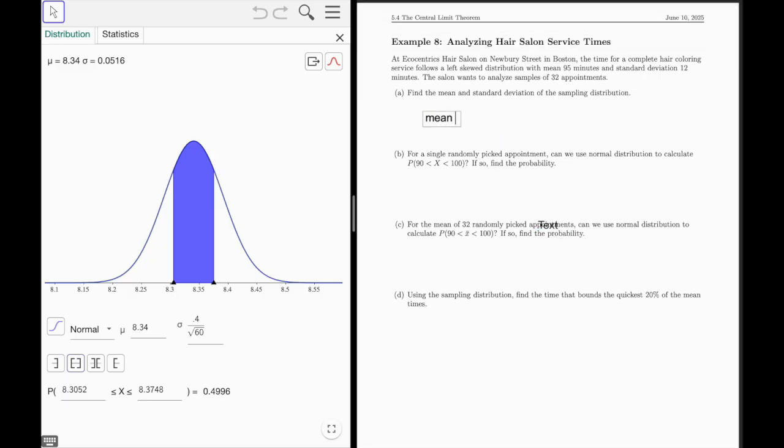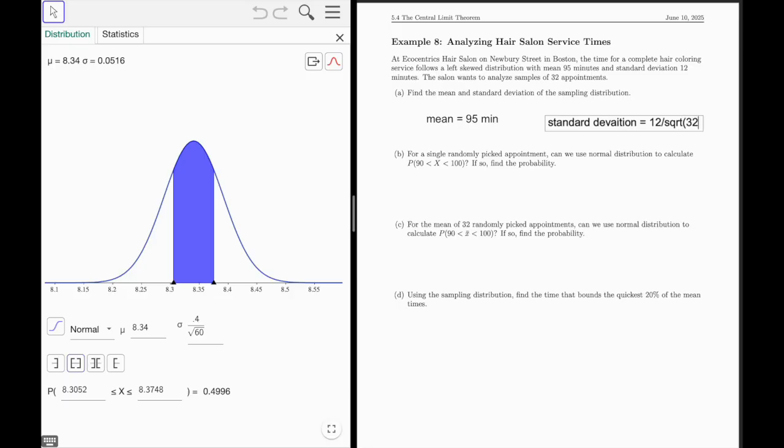So the mean of the sampling distribution is going to be the same as the mean of the population distribution, which in this case is 95. And this is minutes. Our standard deviation for the sampling distribution is what we get when we take the standard deviation of the population and divide it by the square root of the sample size.